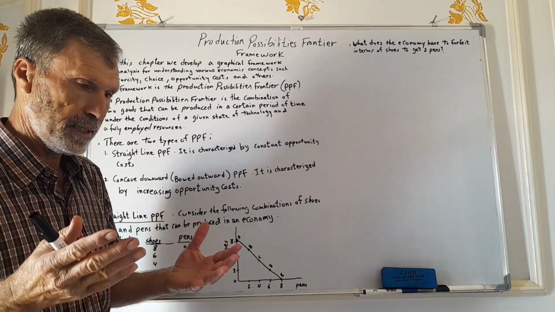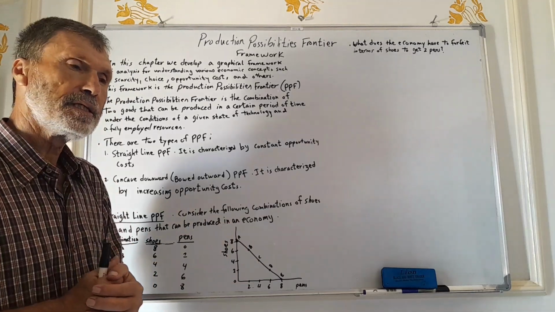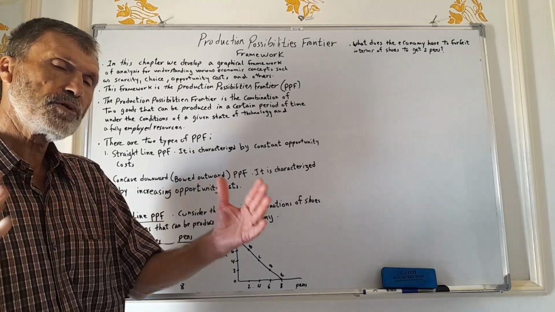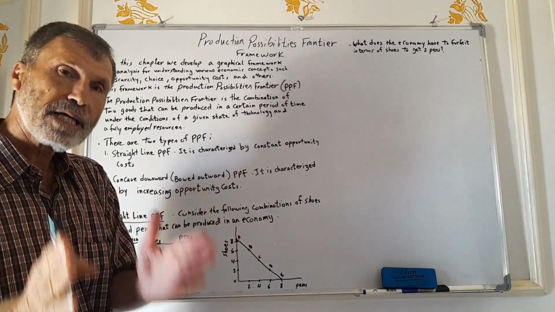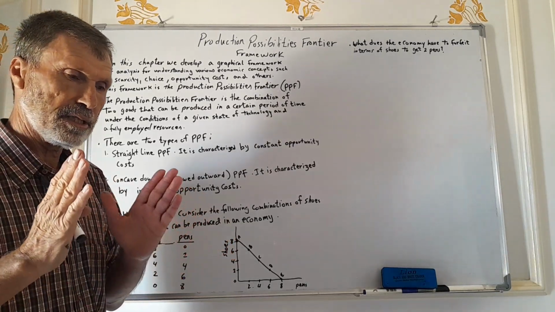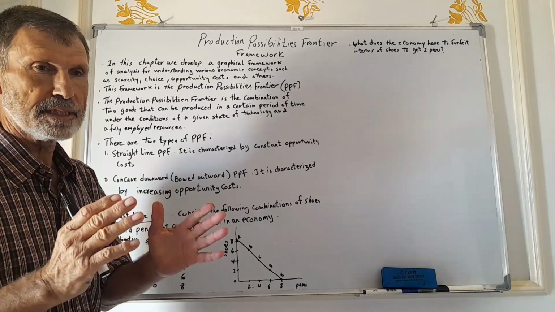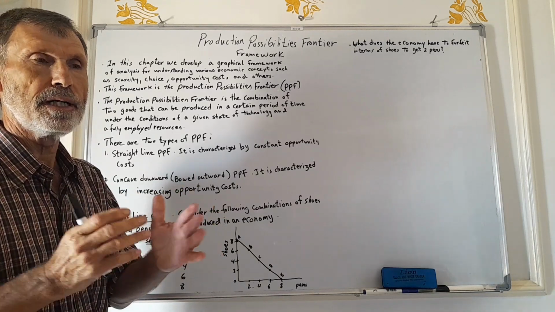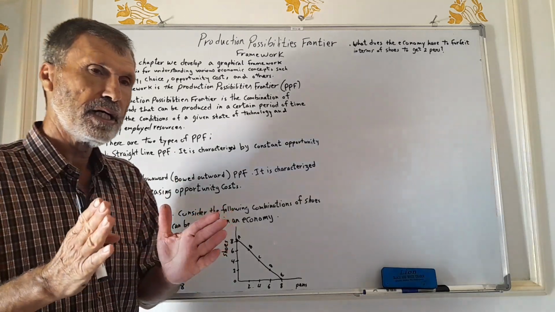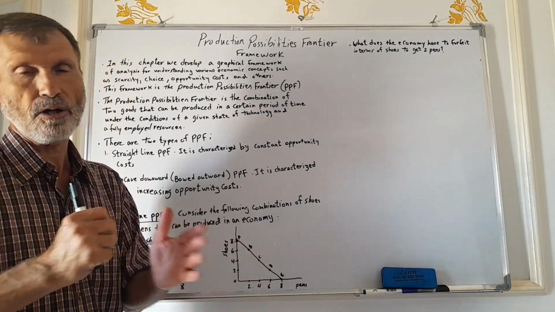That is, the resources are not unemployed; they are fully employed. So this is what we mean by production possibility frontiers. As a matter of fact, production possibility frontiers give you the maximum output.